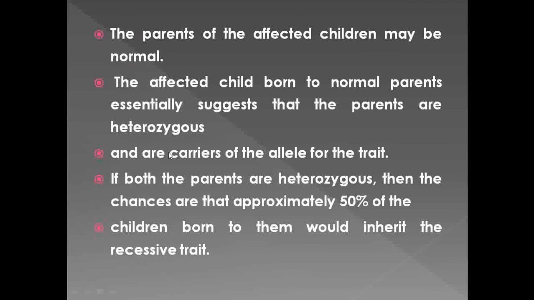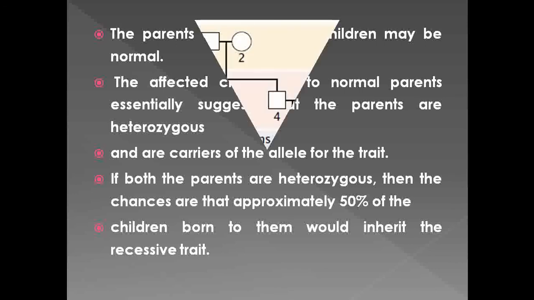So in this autosomal recessive type, even if the parents are affected, the child may be normal, or if the child is affected, the parents are normal. So why can this happen? Due to the heterozygous nature of that trait, there is a chance of 50% transmission of that trait into the next generation.